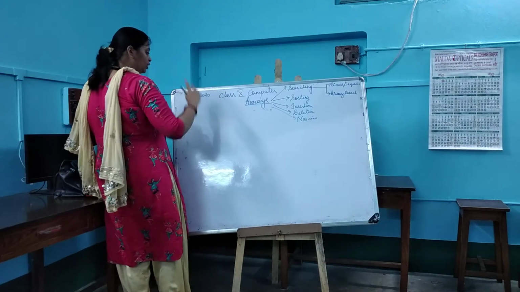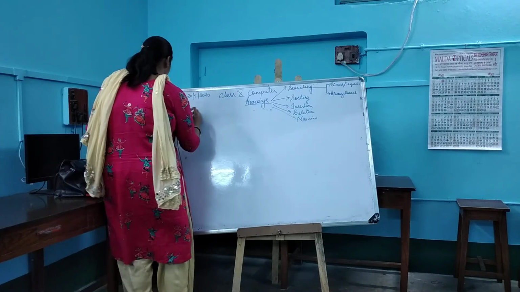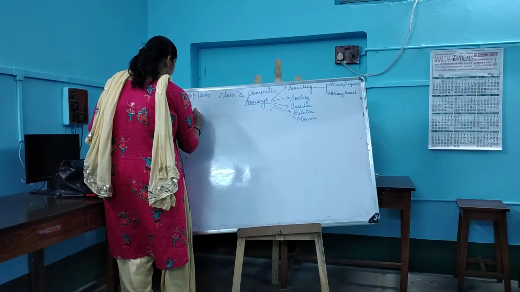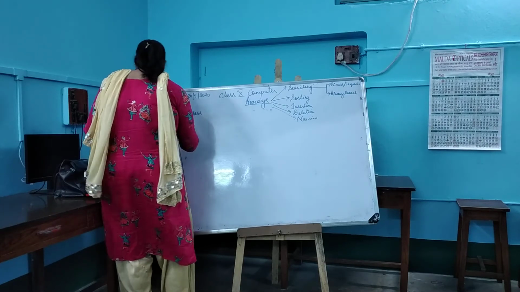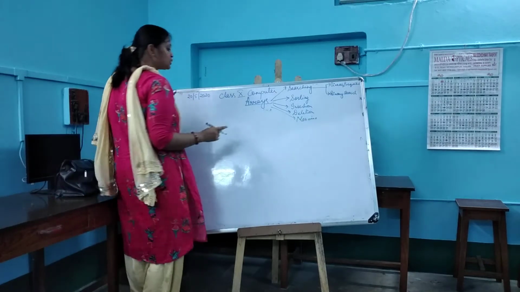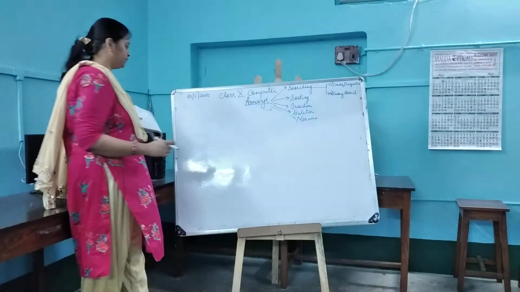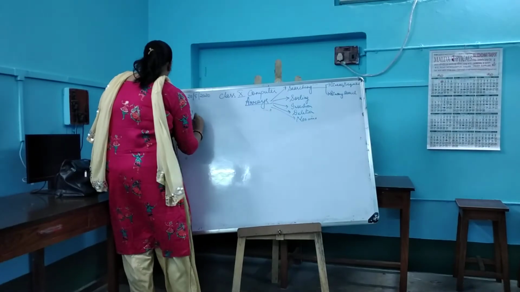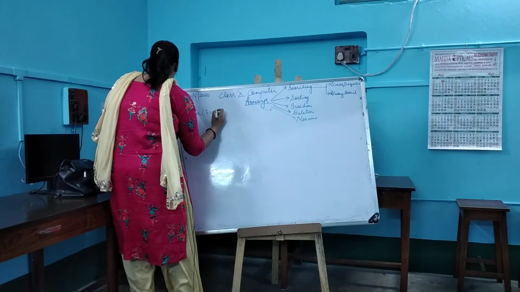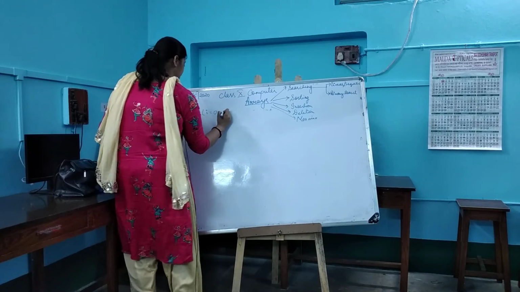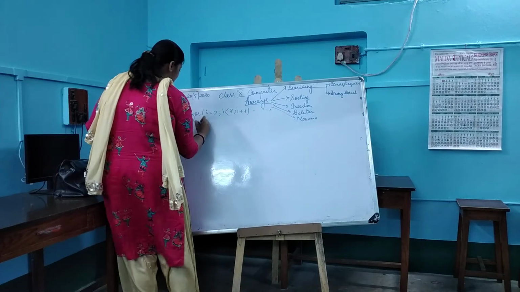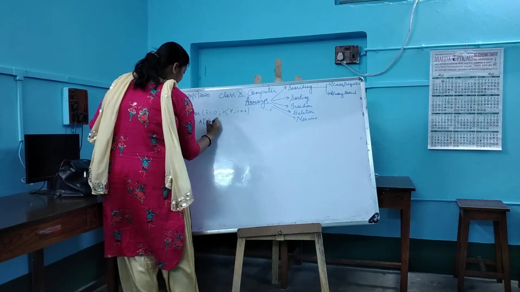I'm just writing down the logic behind binary search. That is, after reading the values for the array elements, say for example this is our line for reading the values, a[i] equals to.